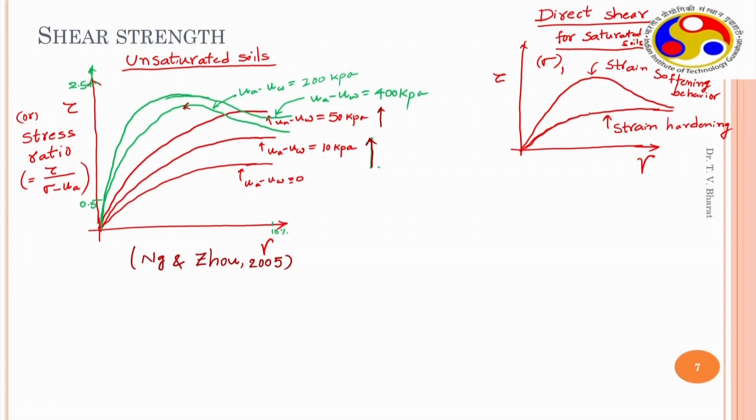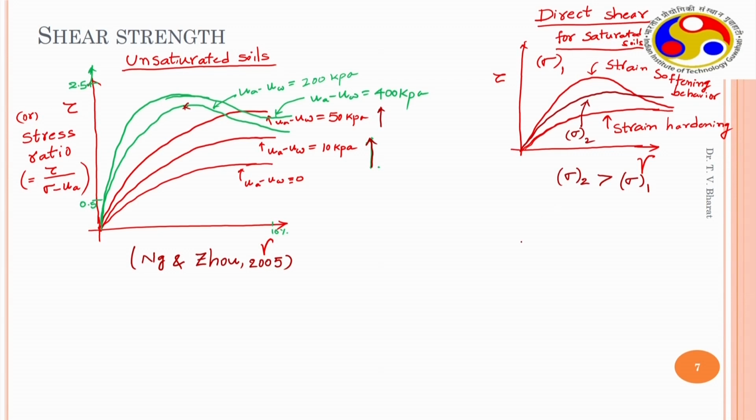So this is at one particular normal stress, and when you conduct with a different normal stress, sigma 2 (this is not a principal stress, by the way, it is one particular normal stress), and this value is more than sigma 1, then as the normal stress increases, the ultimate shear stress increases. In this particular case, under the given normal stress, as the matrix suction increases, the ultimate shear stress increases.